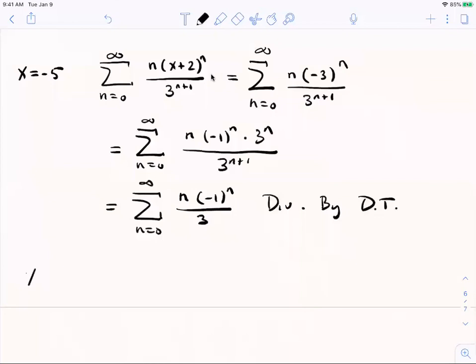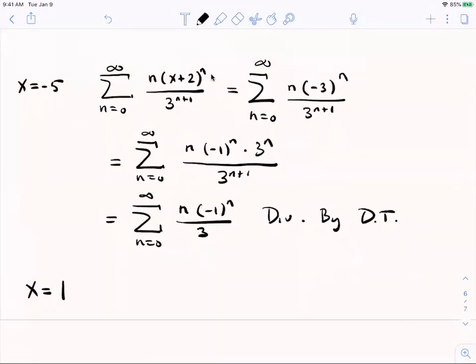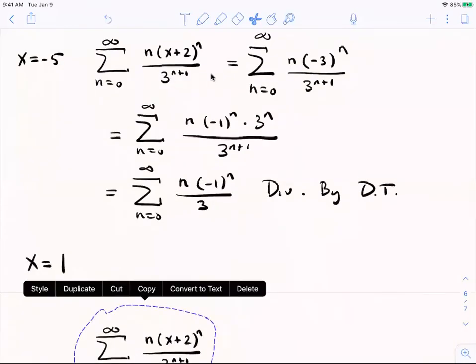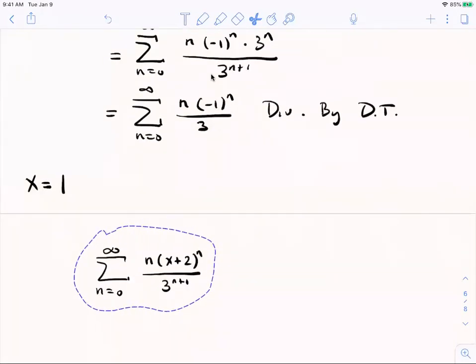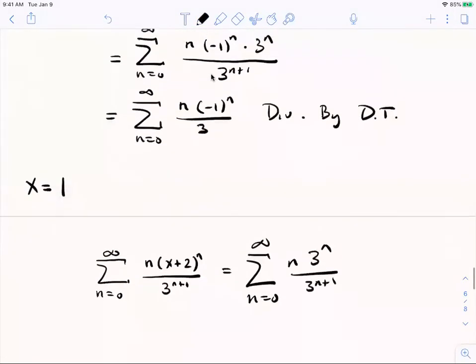Now we have to do the same thing for x equal, what was the other endpoint? 1. So if we take our series, let me do it down here where I have some more room, and we let x equal 1, well, 1 plus 2 is 3. So we get the sum of n times 3 to the n over 3 to the n plus 1.